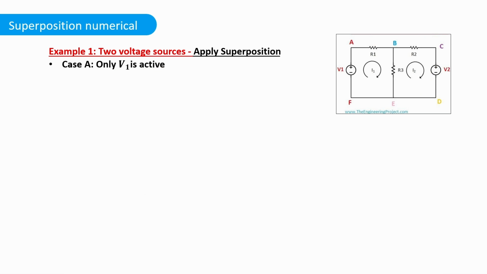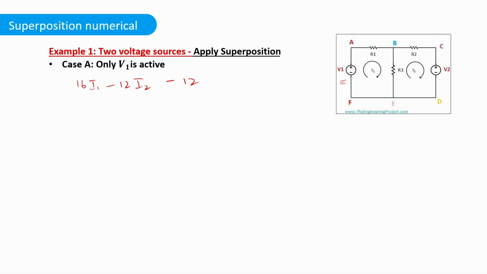First case, the first equation, which I applied KVL in the first loop, and then the second equation is for the KVL applied in the second loop. But remember that this is for the first case when only V1 was active. So the equations were, let me rewrite it over here, 16 I1 minus 12 I2 was equal to 12, right?